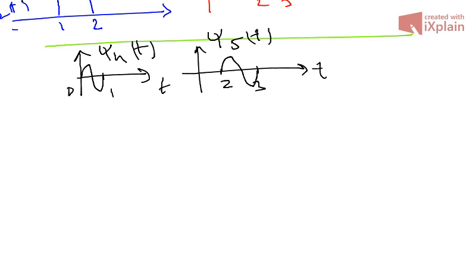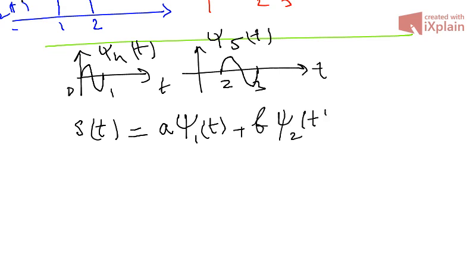If you have n basis functions, generally I would write that s of t can be written in n-dimensional signal space like this, using the same notation I mentioned earlier: a times psi 1 of t plus b times psi 2 of t, and it can be any dimension, plus up to n times psi n of t.